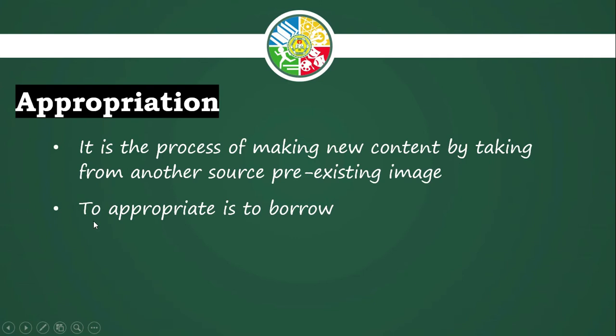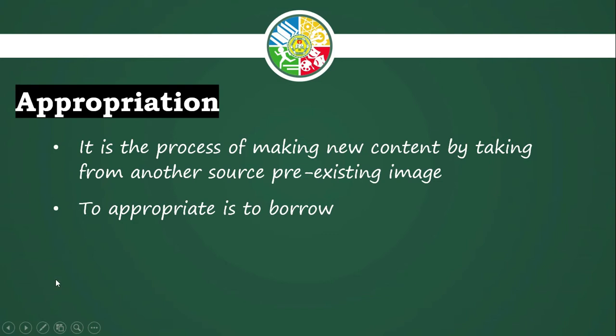To appropriate is to borrow. You are going to borrow an existing artwork and then recreate it and add some modification that will make that artwork appropriate to our generation today.